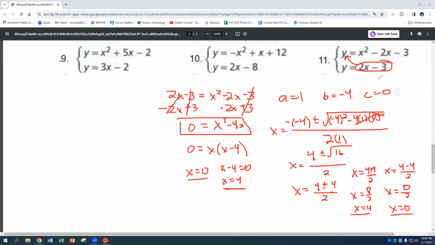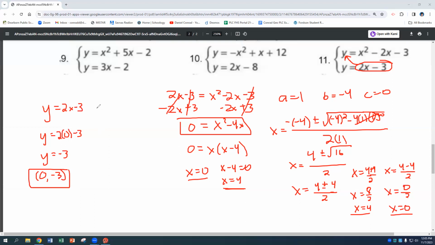The last thing we need to do is find the y value. So y equals 2x minus 3. I'm going to substitute in 0 first. y equals 2 times 0 minus 3. It's going to give me negative 3. So my solution here is 0, negative 3. Okay.